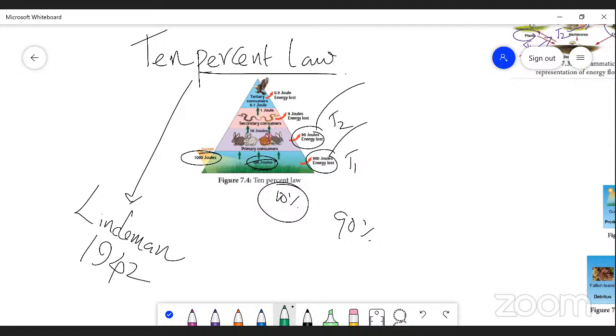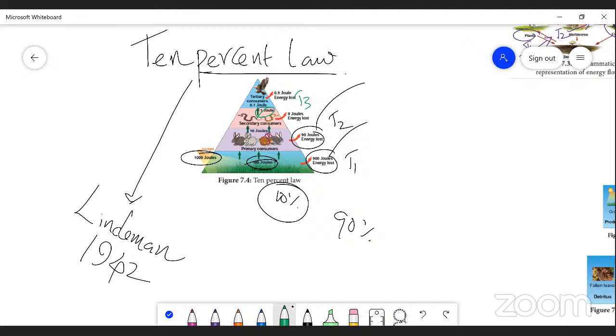Again, when the energy transfers from T2 to T3, only 1 joule is obtained from the T2 organism, and the remaining 9 joules are lost in the form of heat, right?